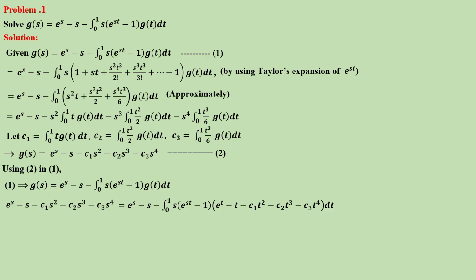So we are substituting g of t value, e power t minus c1 t square minus c2 t cube minus c3 t power 4, into dt. Because e power s and minus s on the left hand side and right hand side get cancelled.